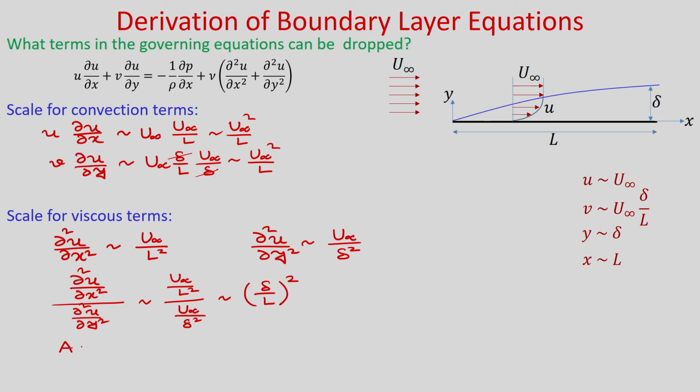So, as delta is much smaller than L, obviously you can see del 2 u by del x square will be much smaller than del 2 u by del y square. So, if you compare these two terms, we can neglect the term del 2 u by del x square. So, del 2 u by del x square can be neglected.